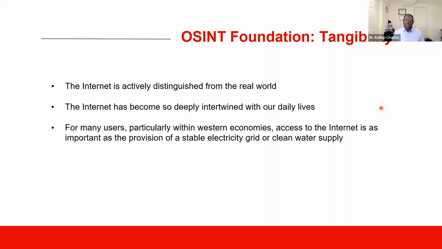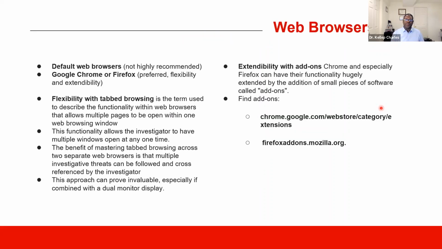That's less of a case right now, but again, you need to make sure that just like investigation in the physical world, the internet holds just as much valuable information, and it should be taken into consideration.